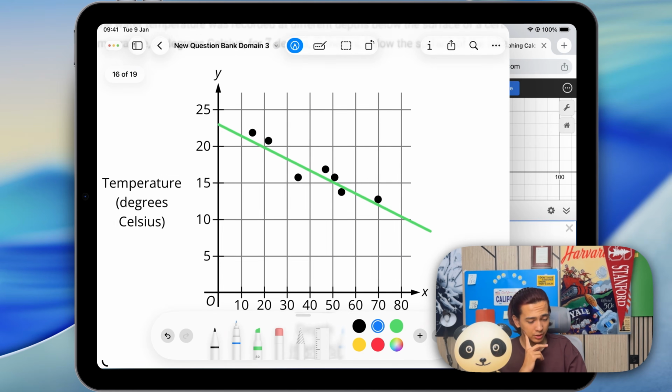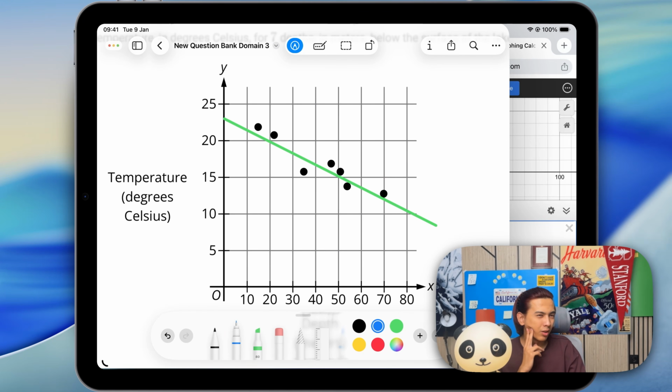So we have to just guess, or rather reasonably guess, because we don't have specific points where this line of best fit crosses, and we don't know the individual values. If you really wanted to create the line of best fit, you could do it on Desmos, but here we have to guess.